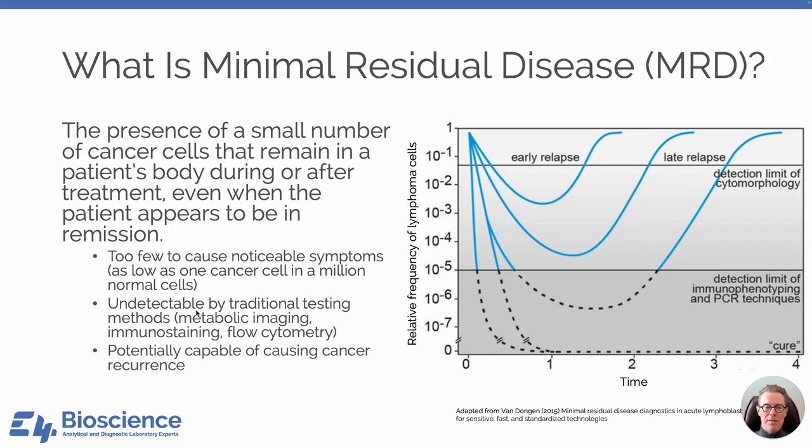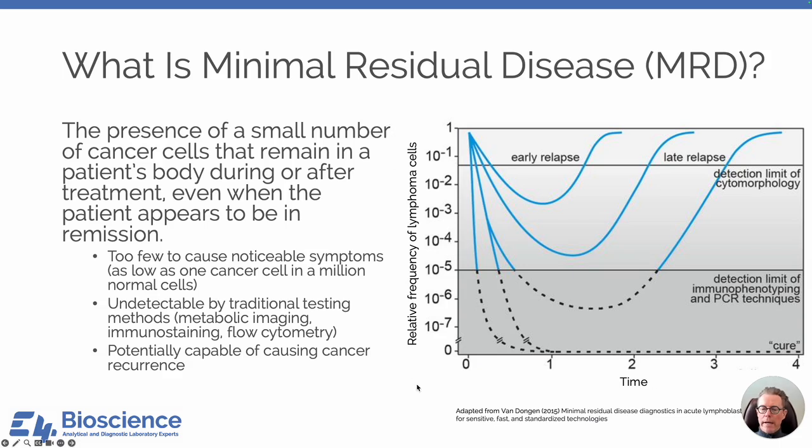And so what this means is that there just are not enough cancer cells to be seen by traditional methodologies such as PET-CT for metabolic imaging, IHC, immunostaining, and even flow cytometry. And the problem with these cells is that there's just enough of them to cause, or at least to potentially cause, relapse. And as a patient, that's a very bad thing to hear.